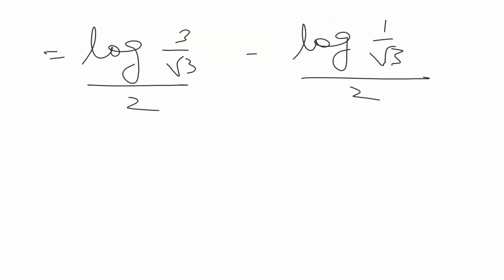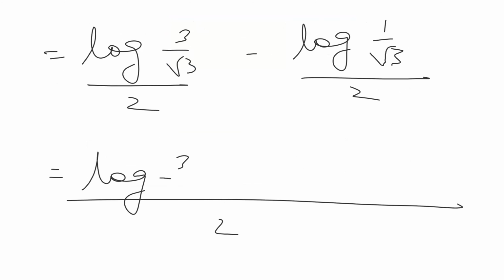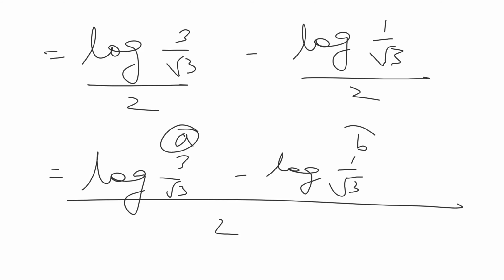So this is log 3 by root 3 minus log 1 by root 3. So this becomes log a minus log b. Guys, what is log a minus log b, if you recollect? Log a by b. Correct. Very good. So that is log a divided by b.